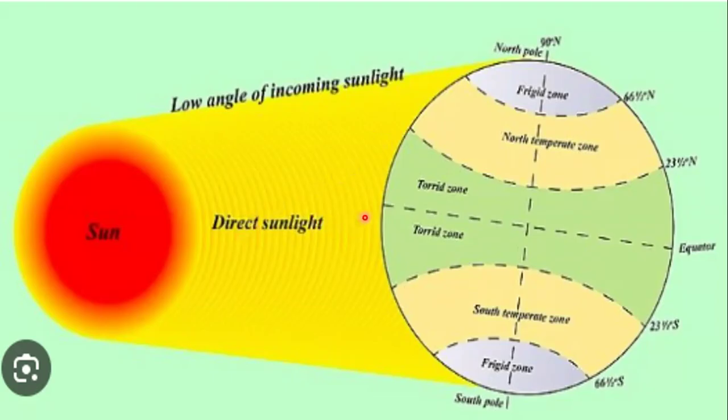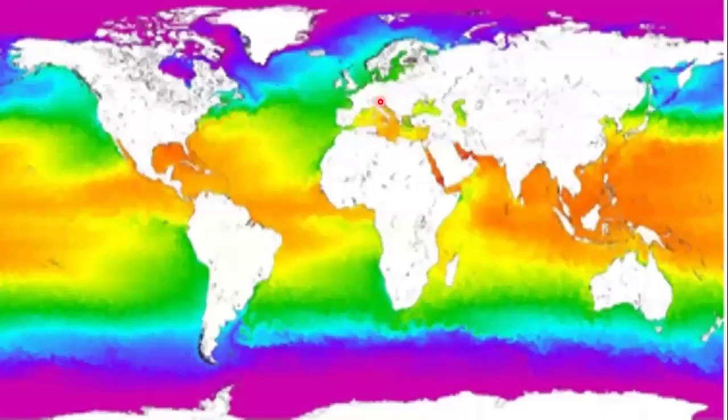Insolation received in the equatorial region is much more than in the polar areas. Thus, the temperature of ocean water decreases from equatorial regions to the polar areas.